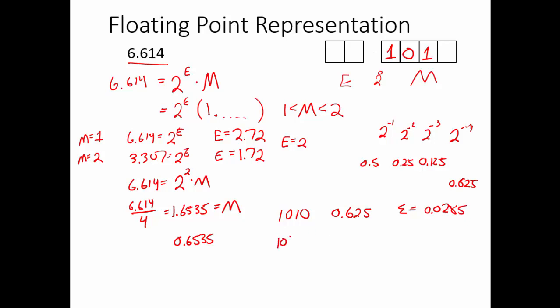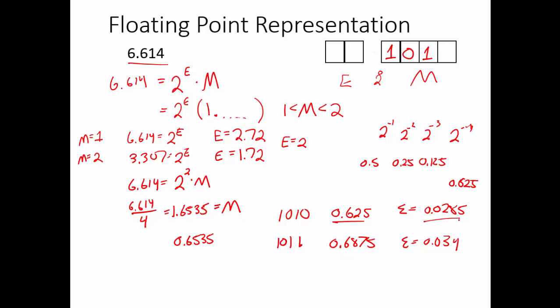Now if I had set the last bit, I'd have 1011. If I add up those, that would be 0.6875. And the error for that one would actually be 0.034. The error being the difference between the mantissa I get with the binary representation versus the number I'm looking for.